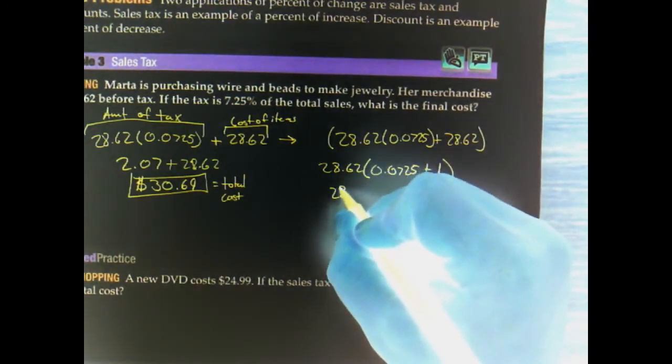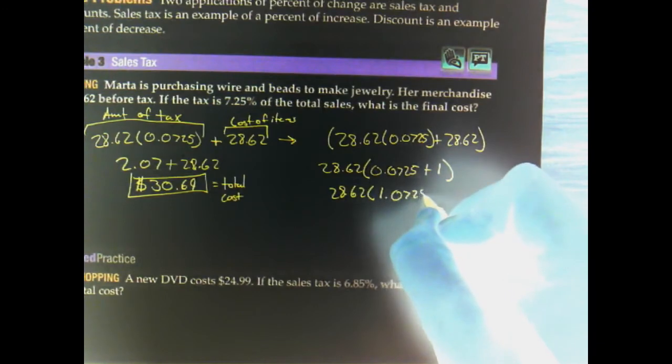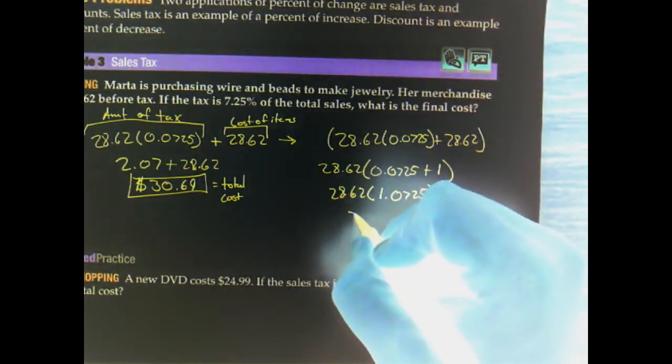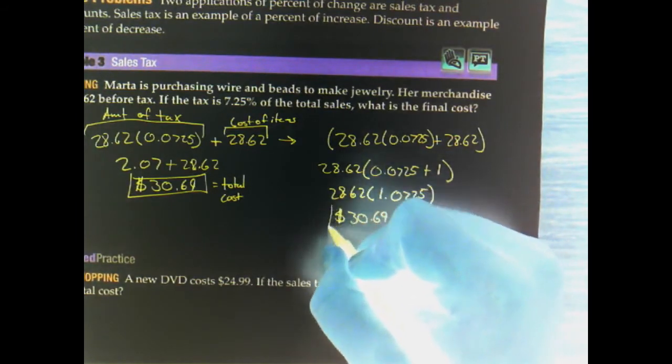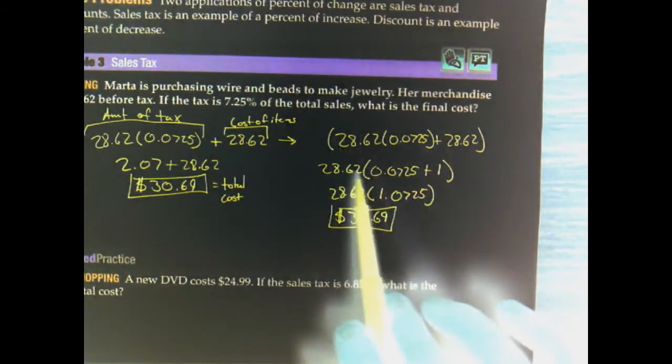So really what I have is 28.62 times 1.0725, and when I multiply that out, times 1.0725, I get the exact same answer. So this is a shortcut, and please do not think you have to factor it out every time.